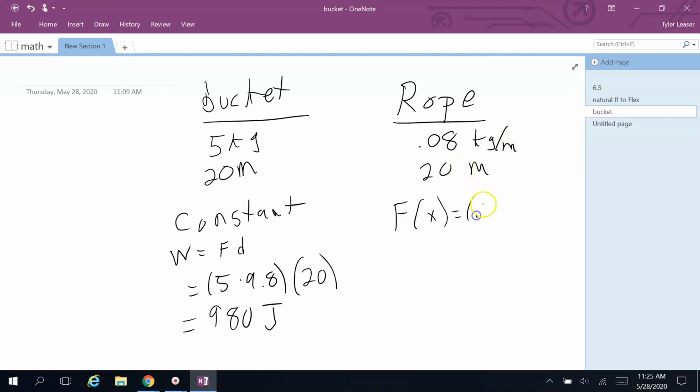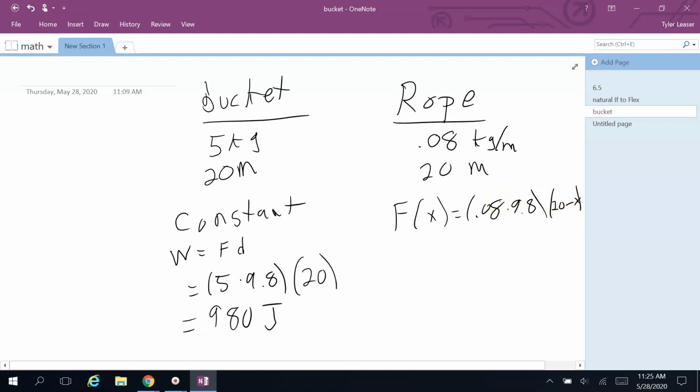So we're going to multiply 0.08 by 9.8, and then by the amount of rope that's left over after we've pulled in x, which is 20 minus x. This 0.08 times 9.8 is the weight of rope per meter, times the amount of meters that's left over, which is 20 minus x.